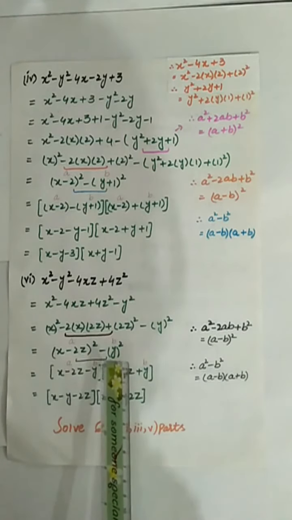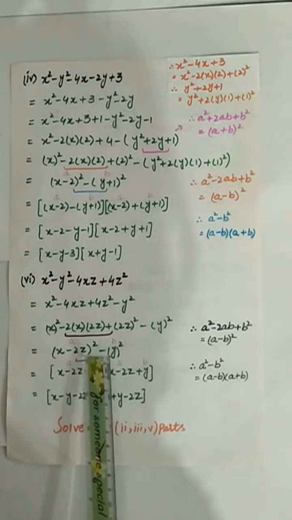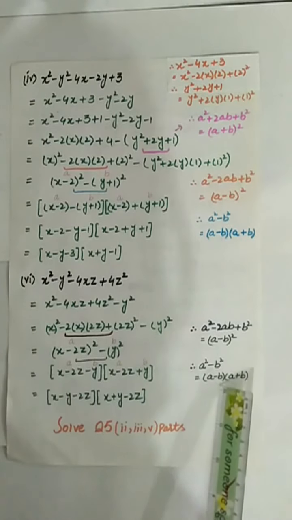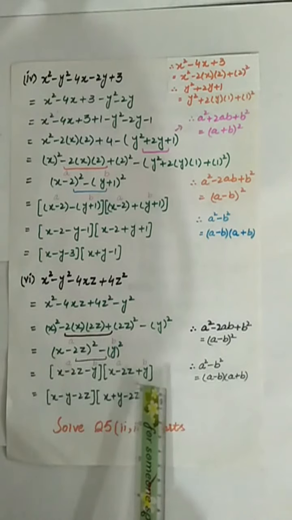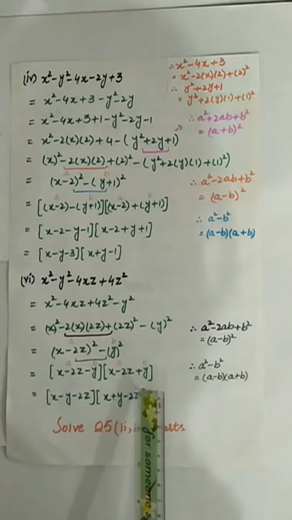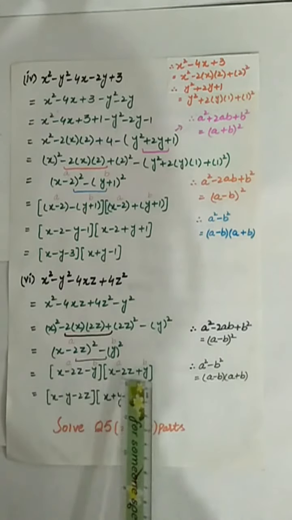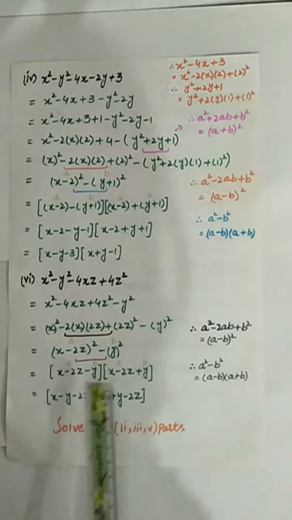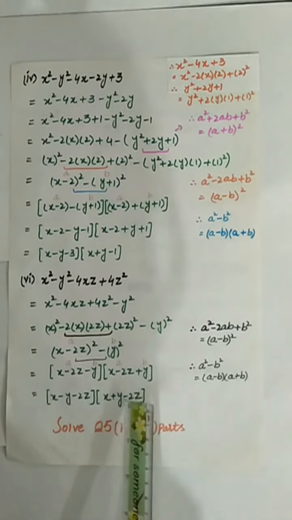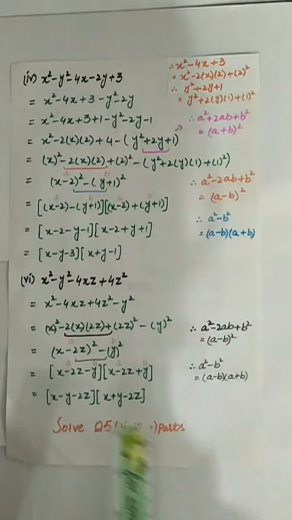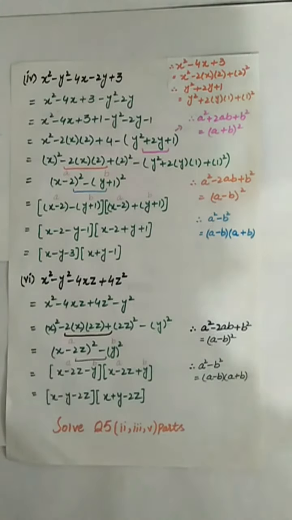According to this formula, we will write it as a minus b, meaning x minus 2z minus y, and then a plus b, meaning x minus 2z plus y. By arranging the terms according to the variable, we will write it as x minus y minus 2z into x plus y minus 2z. This is the final answer of the sixth part of question number 5.